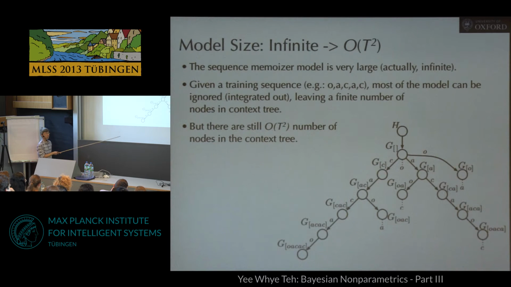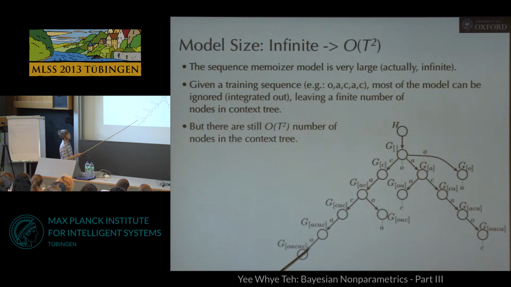So the computation to do posterior inference is now sufficient over this finite number of nodes. The issue is that if you count out the number of nodes on this tree, it's still going to be quadratic in the length of the sequence, and that could still be very large.